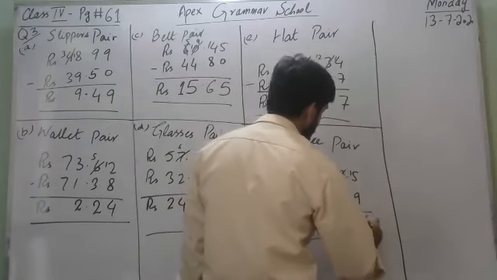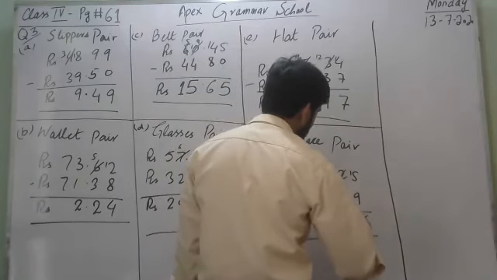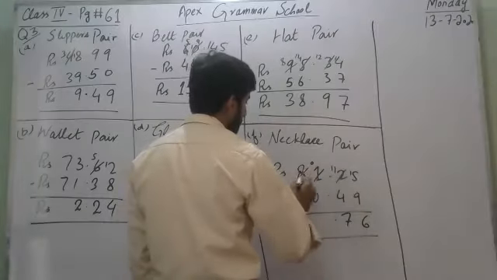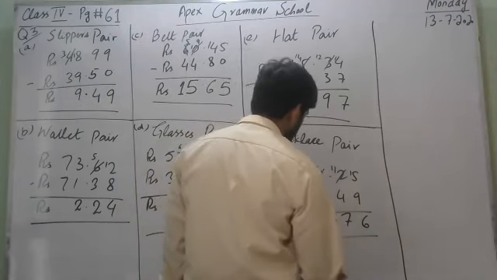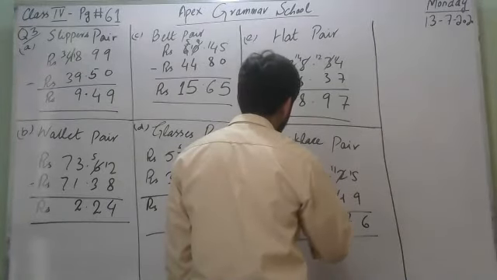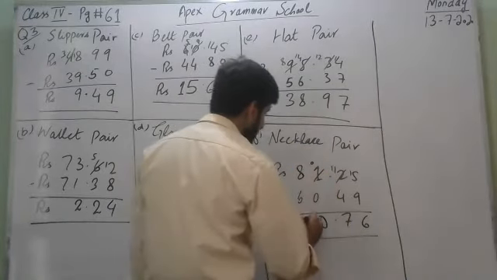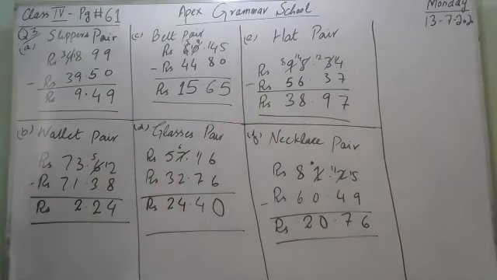Fifteen minus 9 is 6. 11 minus 4 is 7. 10 minus 0 is 0. 8 minus 6 is 2. 20.76 is the answer of F part, question number 3, page number 61.